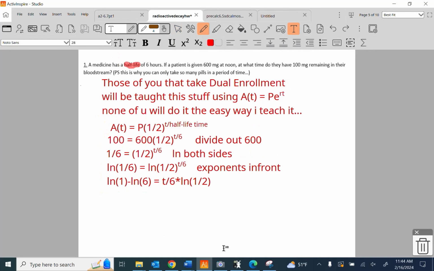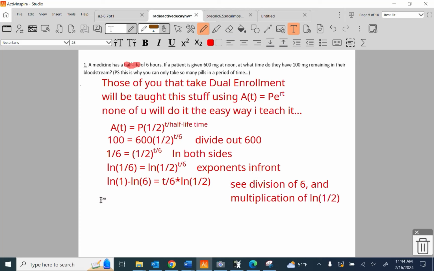Now, when I look at this, what I see is division by 6 and multiplication of ln of 1/2. So I'm going to do the opposite.